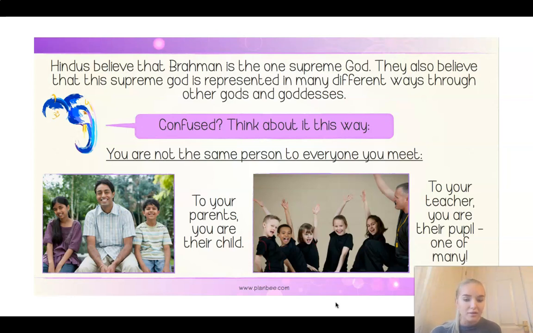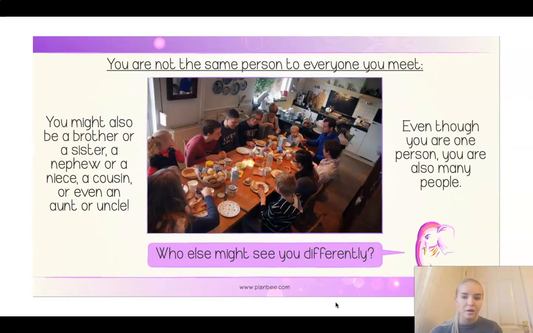To your parents, you are their child. To your brothers or sisters or nephews or nieces or a cousin or even an aunt or an uncle, you're different people to them. You might be a niece, you might be a sister, you might be a cousin. Because even though you are just one person, you are also many people to many different people.